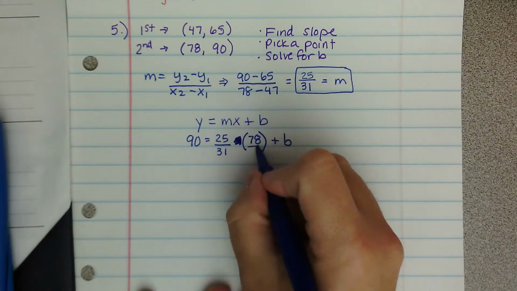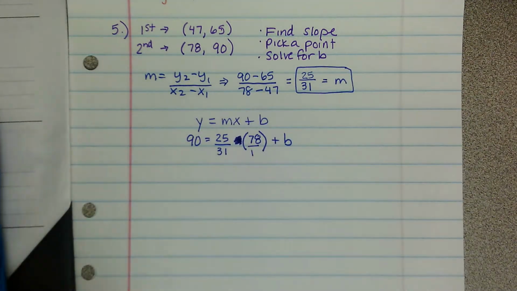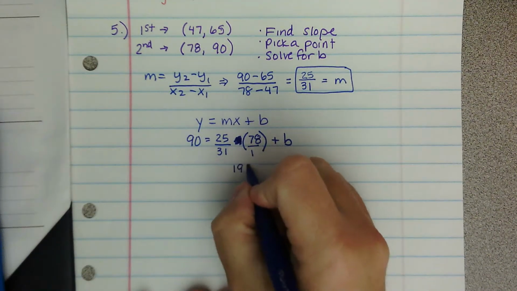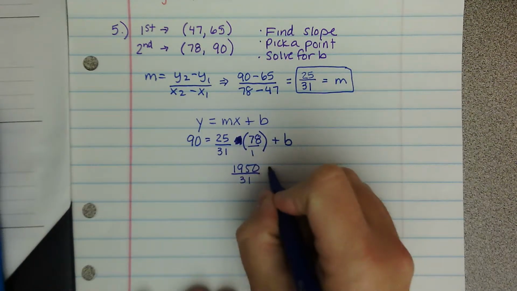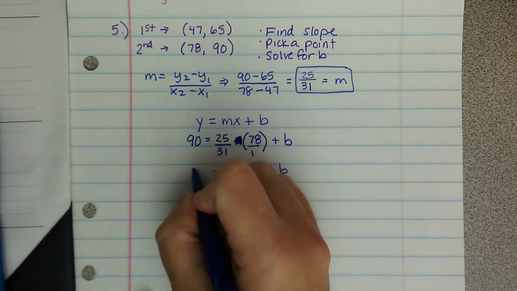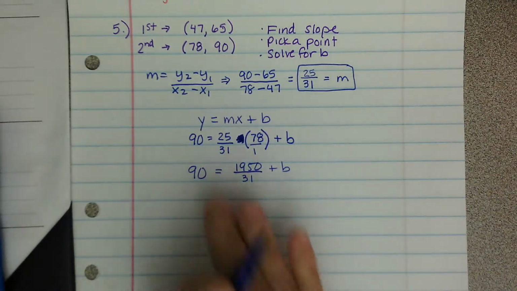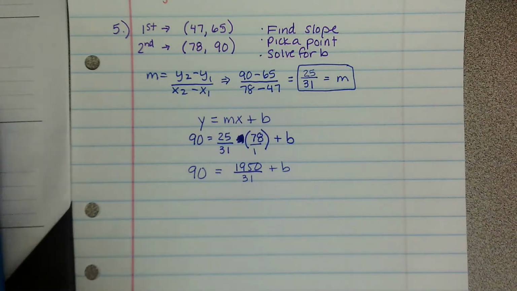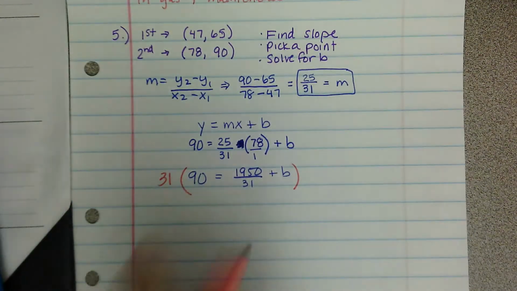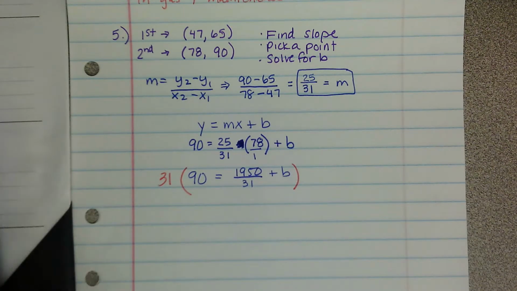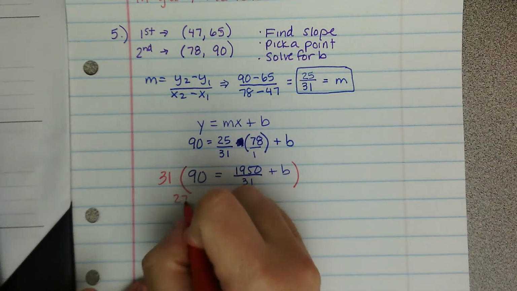Now this one looks messy, like way messy. So we're going to do 25 times 78 to figure out what that is. That's 1950. We're going to do 31 times 1, which is 31. And in this stage, what we want to do is multiply through by the denominator all the way across. So we're going to do 31 times 90. That's 2790.